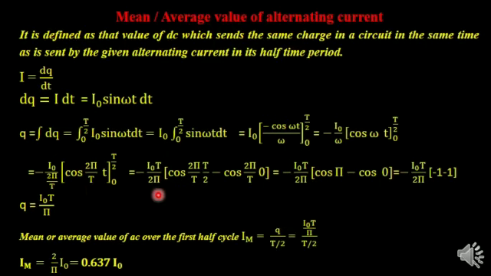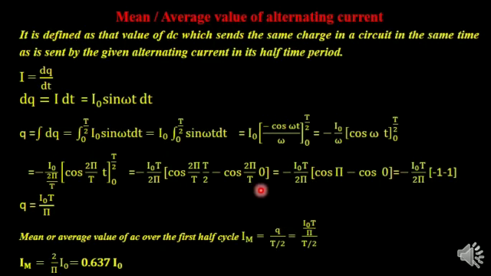After applying the limits, q equals minus I0 T divided by 2 pi inside the bracket cos 2 pi divided by T into upper limit, that is T half, minus cos 2 pi divided by T into lower limit, that is 0.